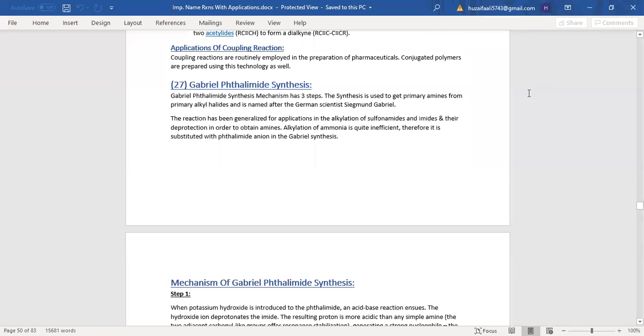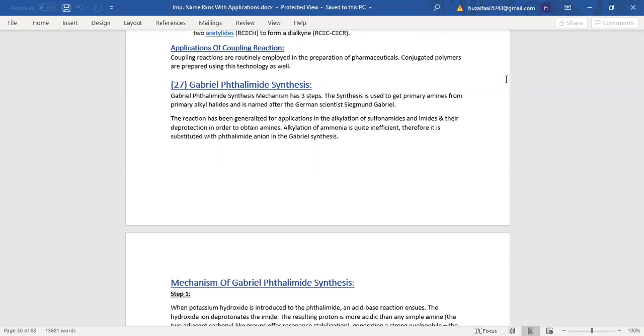Gabriel phthalimide synthesis. The Gabriel phthalimide synthesis mechanism has three steps. The synthesis is used to get primary amines from primary alkyl halides and is named after the German scientist Siegmund Gabriel.